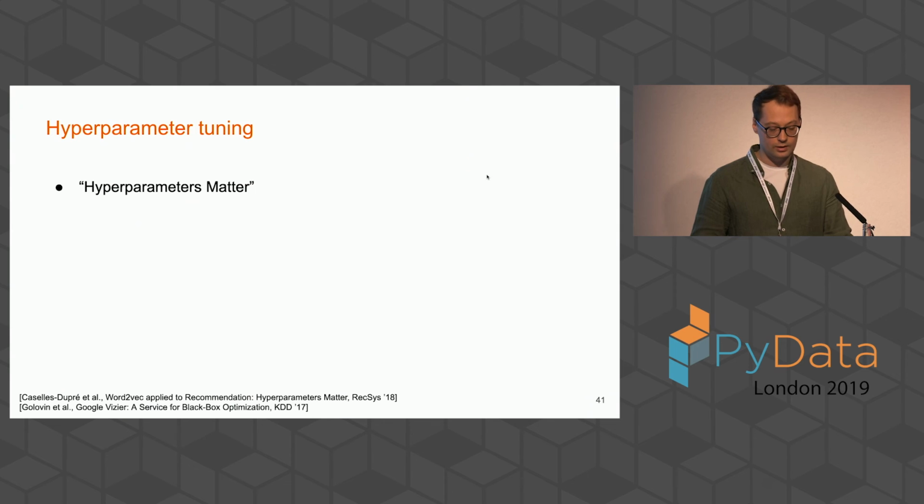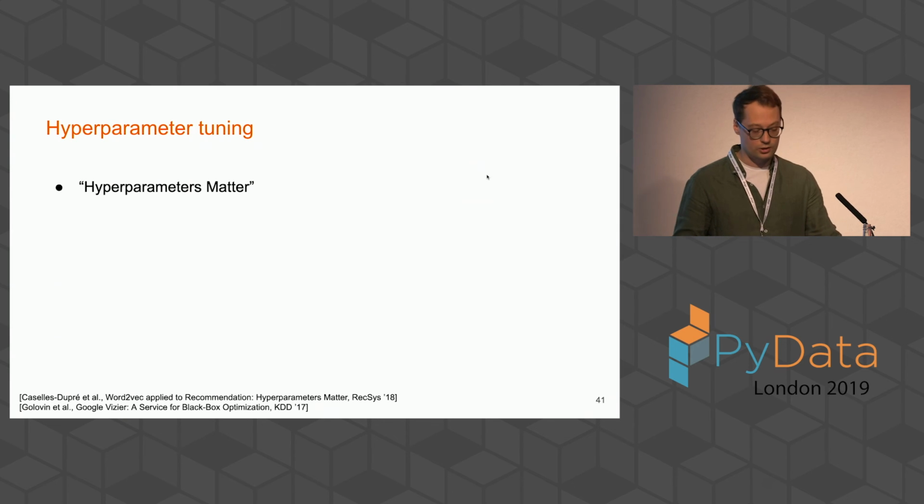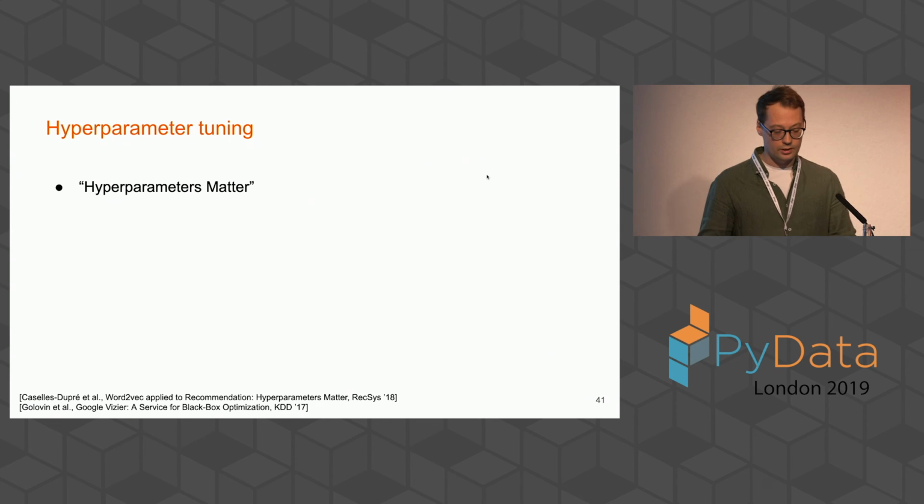We were lucky enough that there is some literature on this topic. First of all, there is this great paper called Hyperparameters Matter, and it describes how to tune the parameters of word2vec exactly in the context of recommendations. We followed this paper. We managed to recreate some of its results, and it indeed significantly improved the quality of our recommendations.